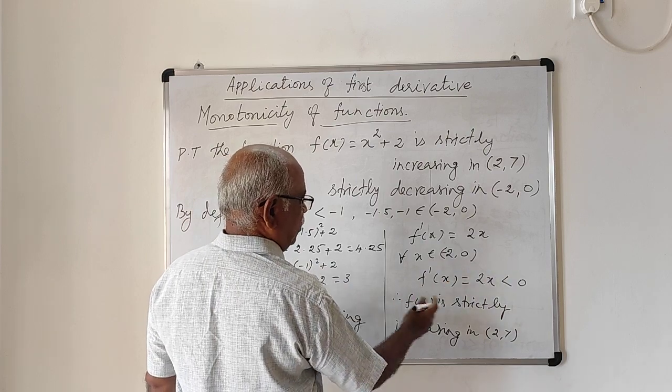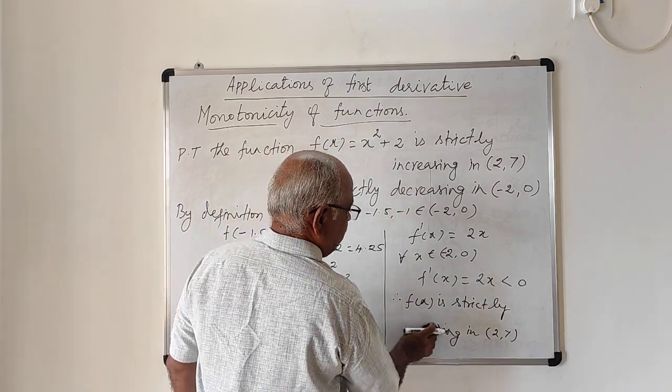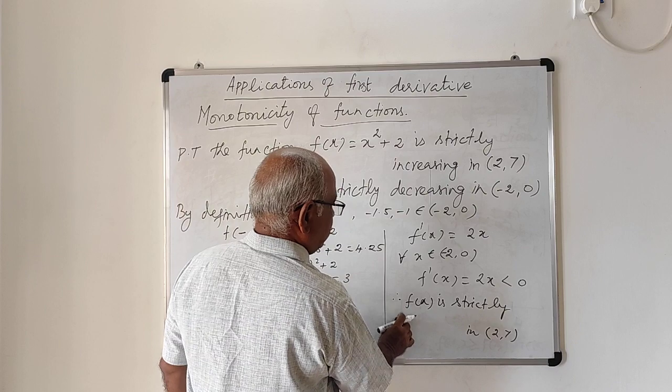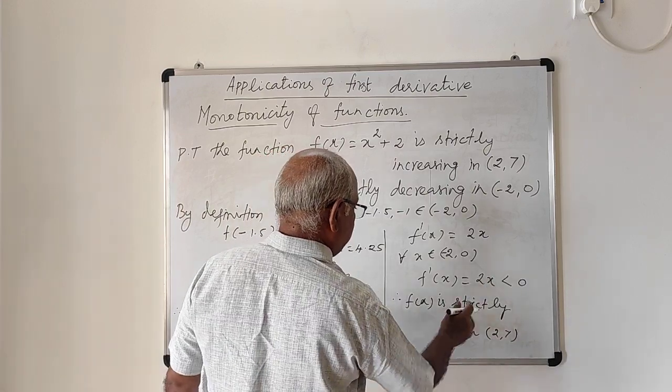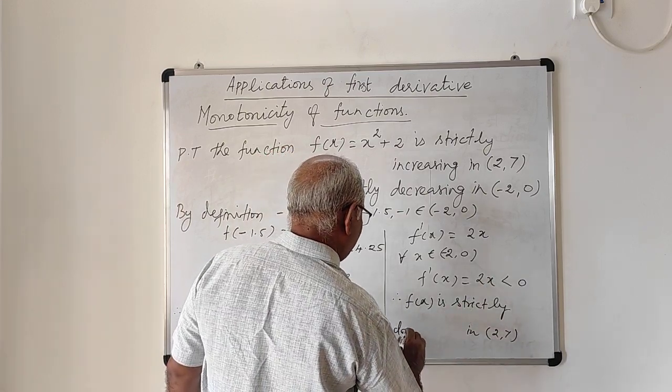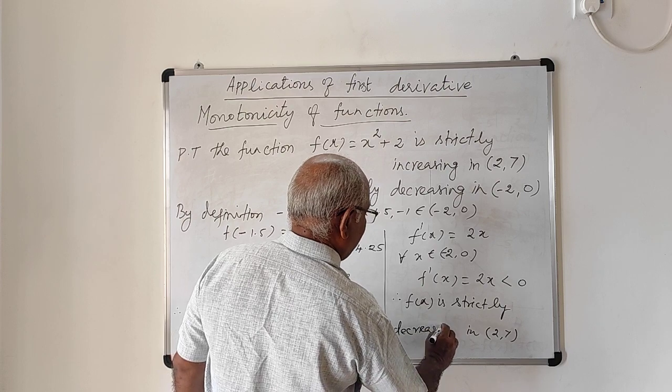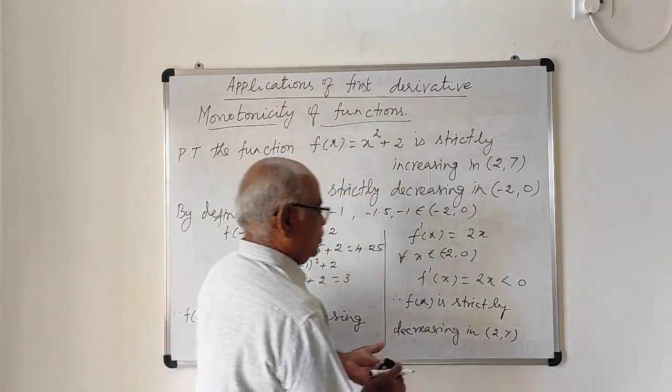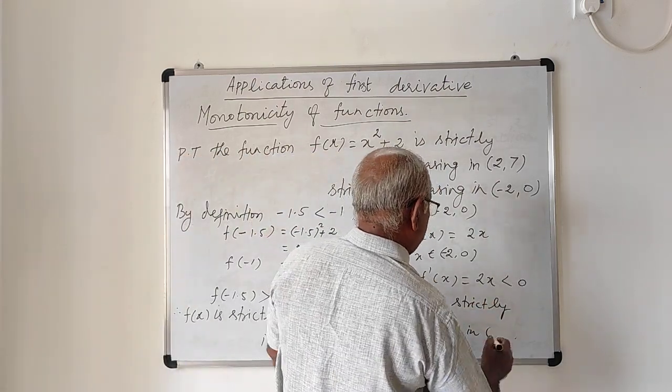Therefore, f of x is strictly decreasing, because f dash of x is strictly less than 0, in the interval minus 2, 0.